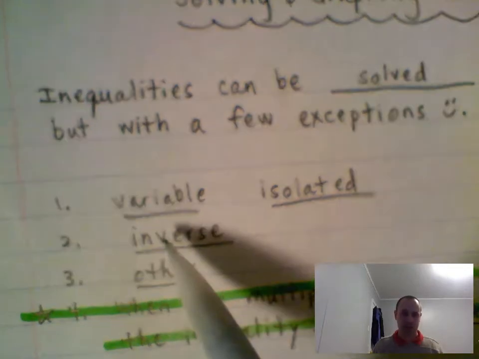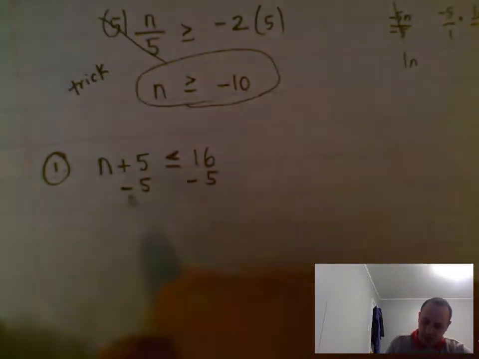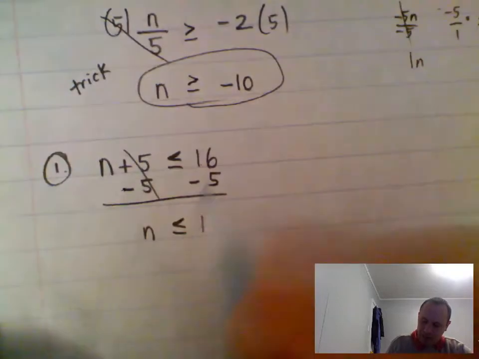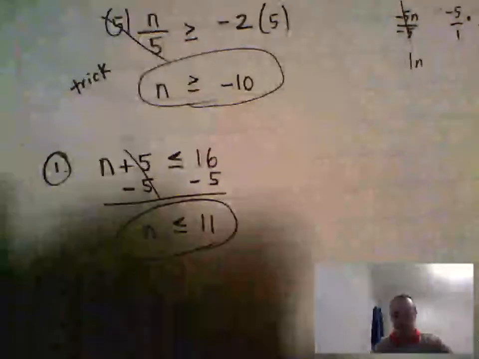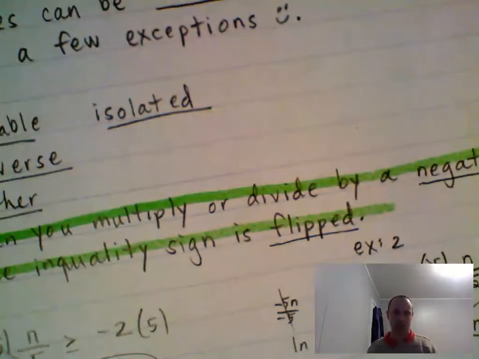Do the inverse of the operation, the opposite, to isolate it. So the opposite of a plus 5 is a minus 5, just like we did last week with the equations. This will cross off. We'll get n is less than or equal to 11. In that case, you don't have to flip any signs because we're not even dealing with multiplication or division.